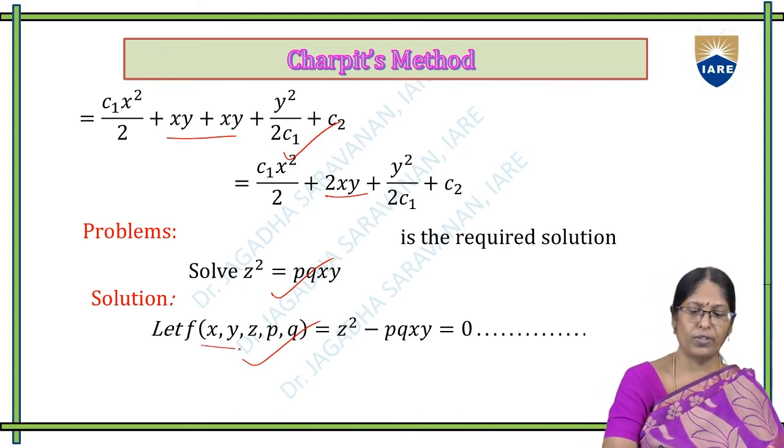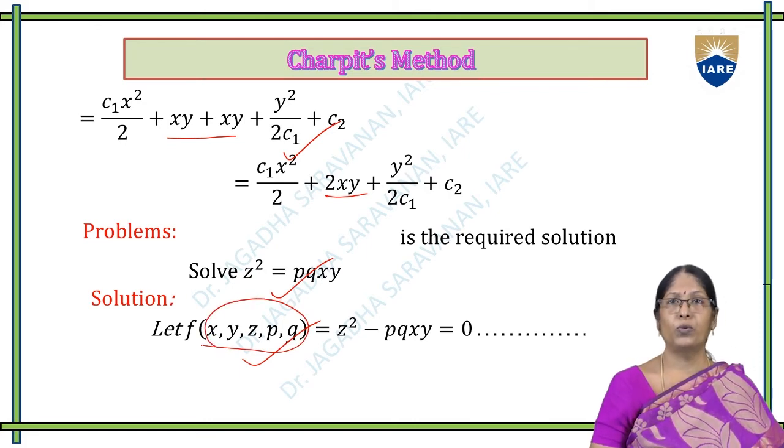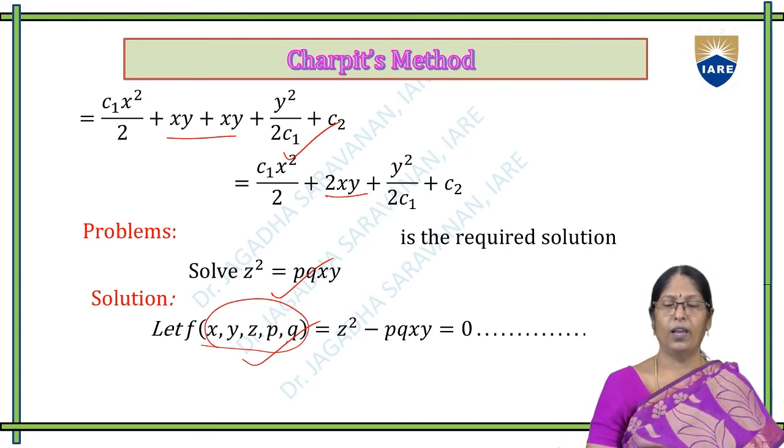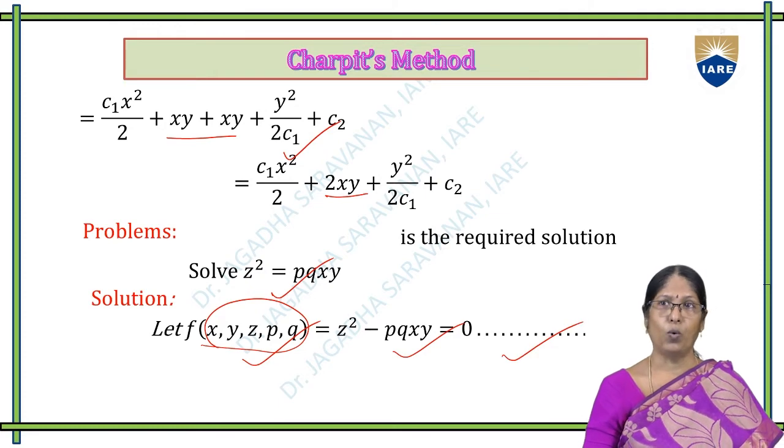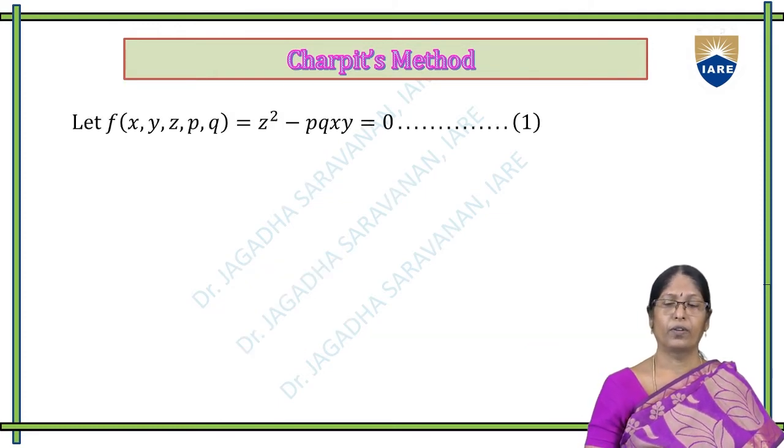So the function is expressed in terms of these variables, and the given question we have written in such a way: z square minus pqxy equal to 0, and we name it as equation 1.